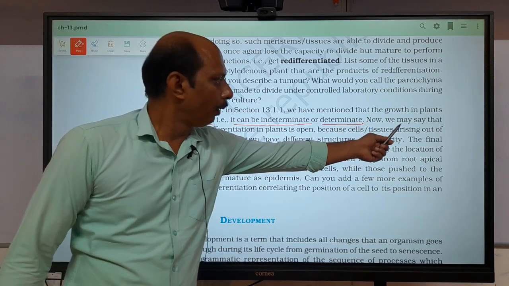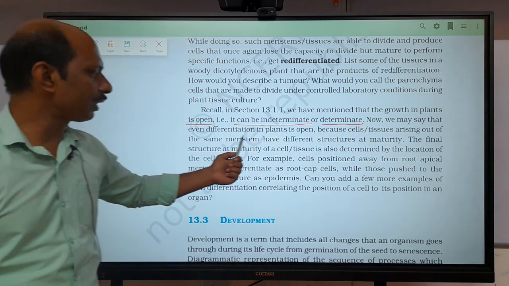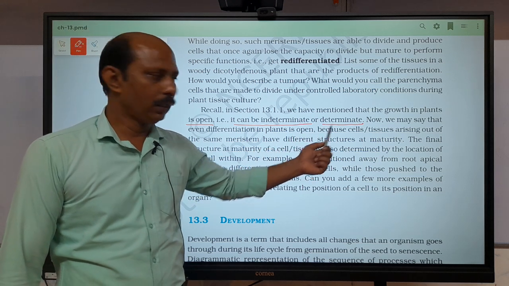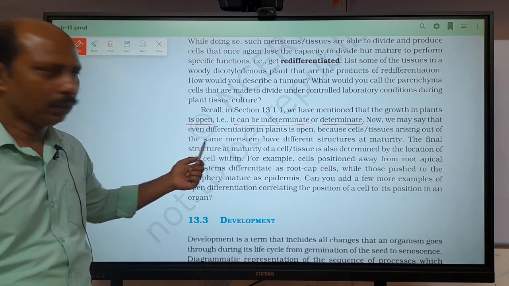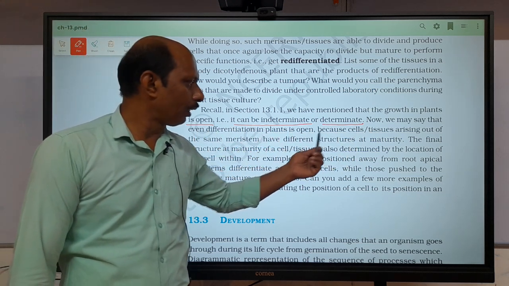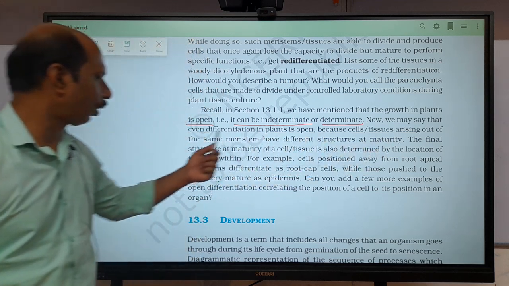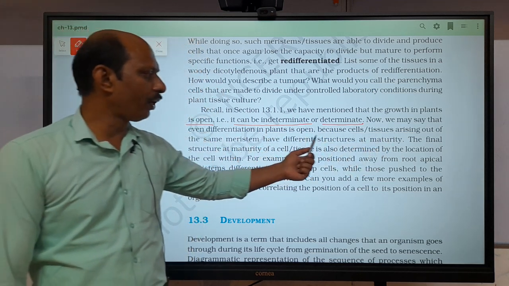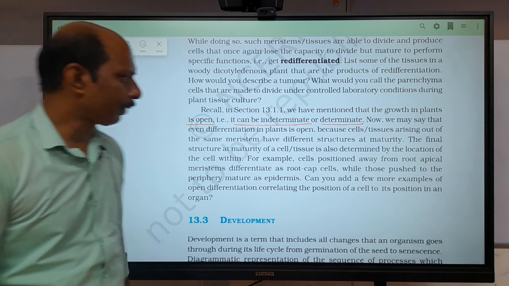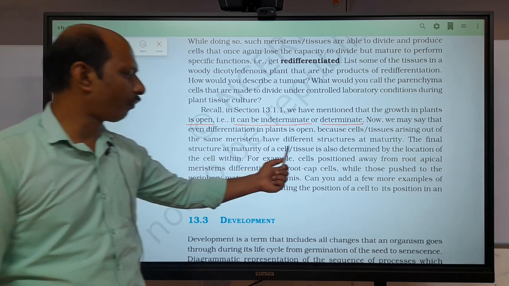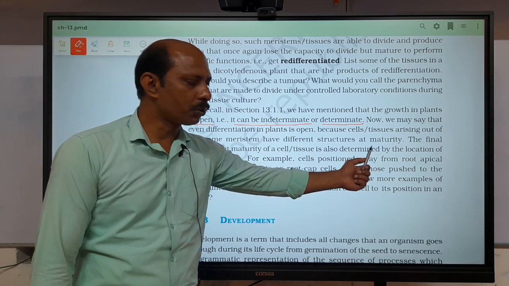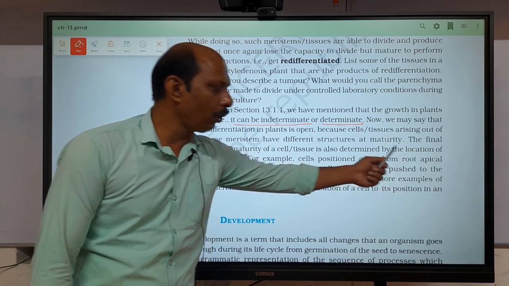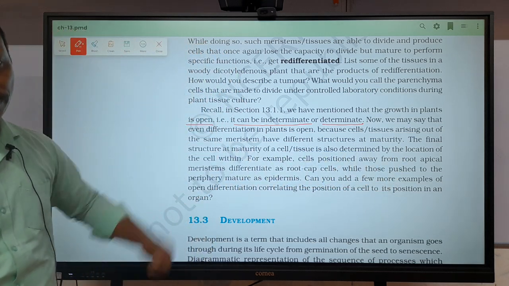Now we may say that even differentiation in plant is open, because cells or tissue arising out of the same meristem have different structure at maturity. The final structure at maturity of a cell or tissue is also determined by the location of the cell within it.